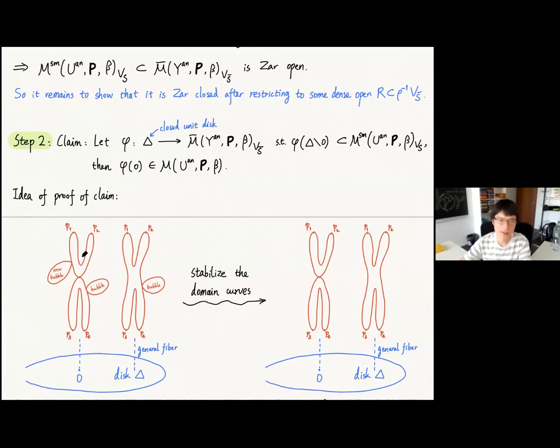Here the central fiber is a degeneration of the generic fiber, and we can have some new bubbles appear, but they will not be too bad. They still have the correct intersection numbers with the boundary.